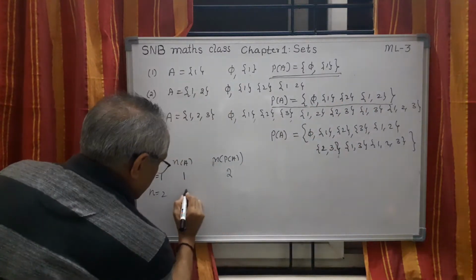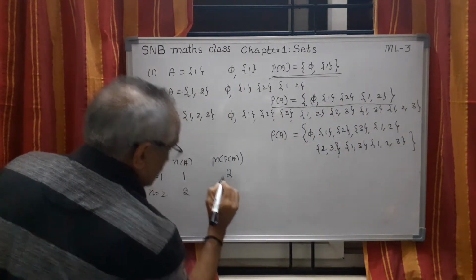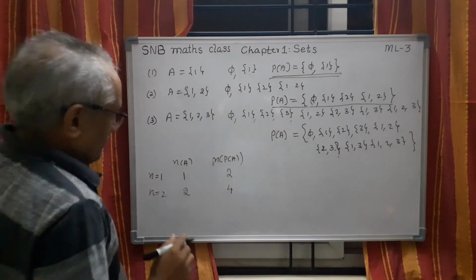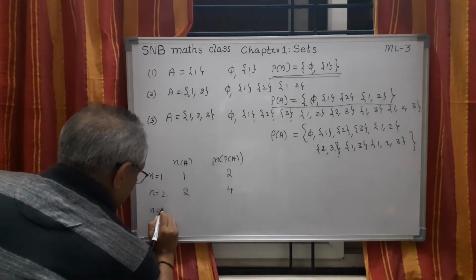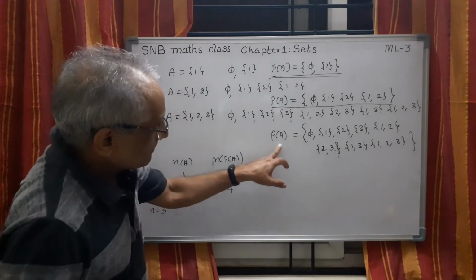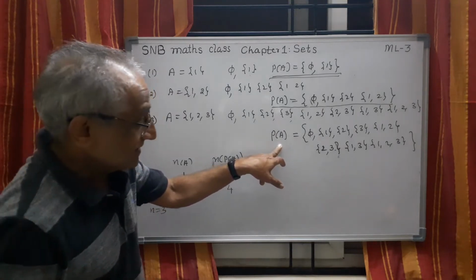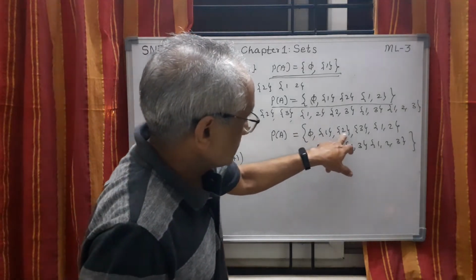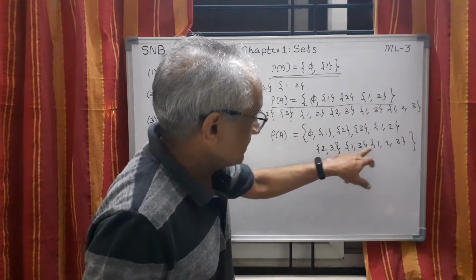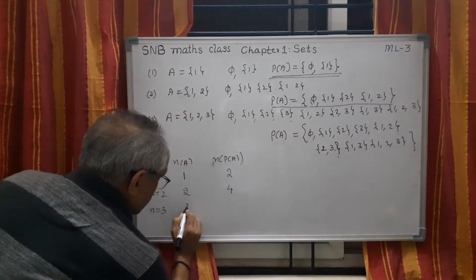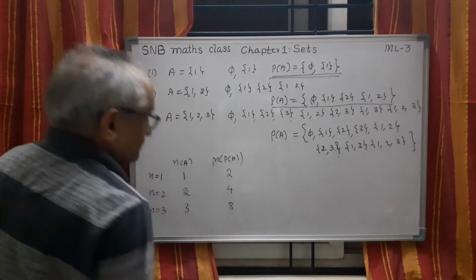So here it is 2, here it is 4. Same way, when n is 3, you can check here, the number of elements of the power set is 1, 2, 3, 4, 5, 6, 7, 8. So this is 3, this is 8.